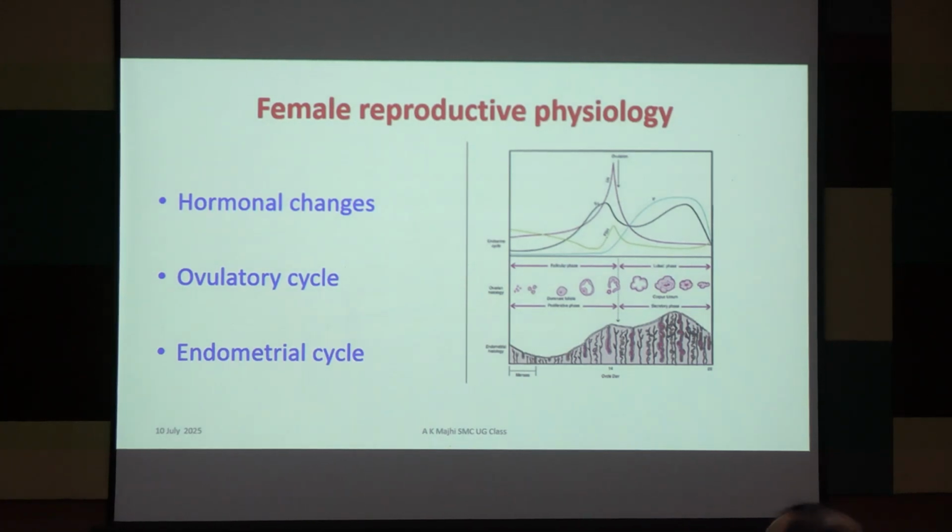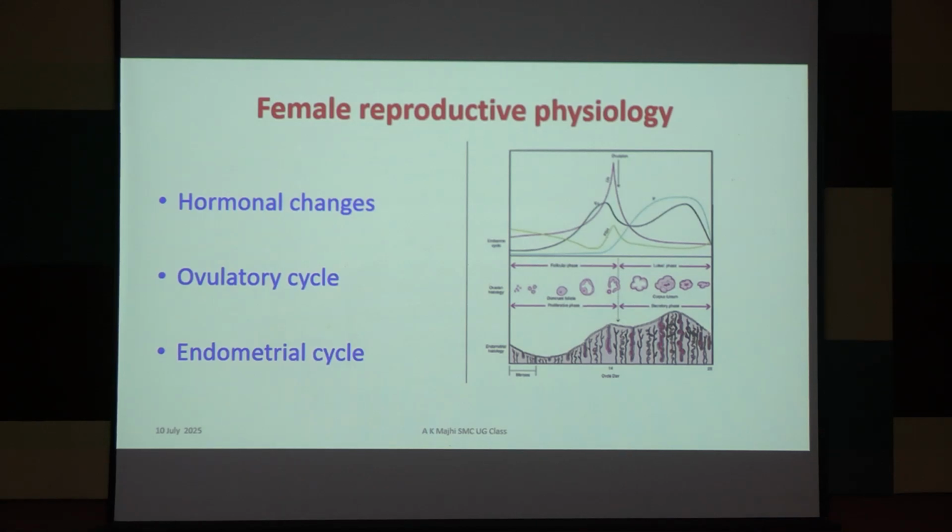Second is the ovulatory cycle, 14 days. In a 28 days cycle, ovulation usually occurs around day 14, that may be 12, 13, or 15, but there is ovulation. And this is the proliferative phase and the secretory phase.